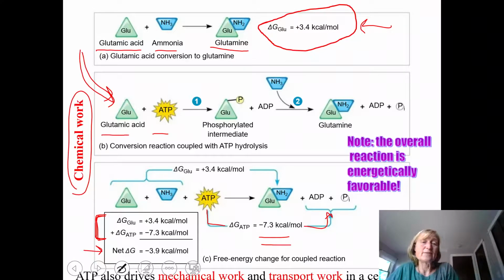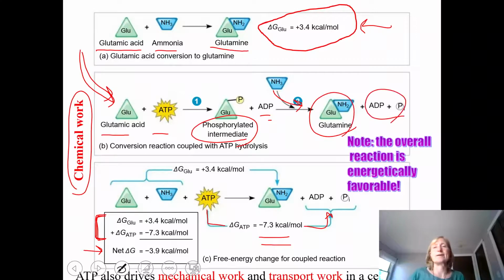And what happens is a phosphate from ATP gets attached to our glutamic acid. Now we have ADP as a leftover. Then that phosphate is quickly replaced with what we want, the ammonia group added to it, making glutamine and the leftover products of the hydrolysis of ATP.